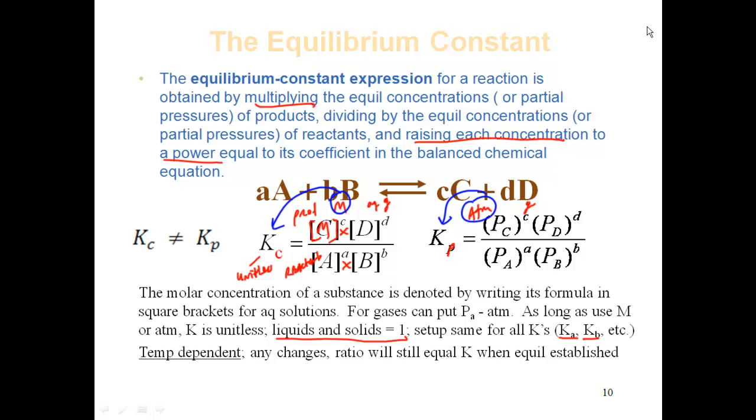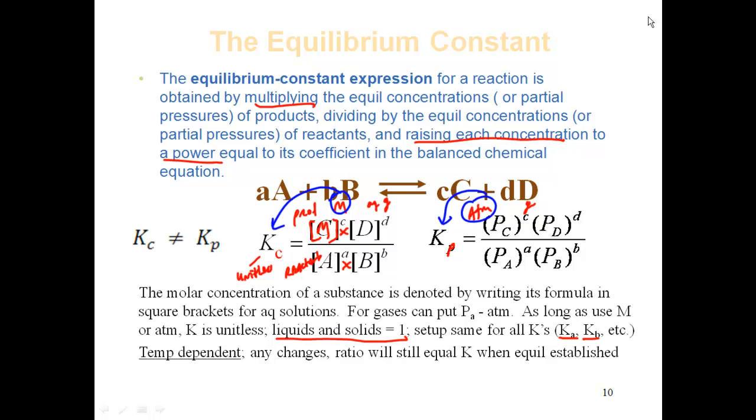Now, it may be coincidental that it can be, so it is possible that Kc is equal to Kp, but most likely it won't be. And I'll show you later on when it can be equal, and how you can tell if it would be the same value. But just keep in mind, if I'm doing gases as atmospheres, partial pressures, I want a Kp. If I'm doing gases or aqueous solutions as molarities, I want a Kc value.